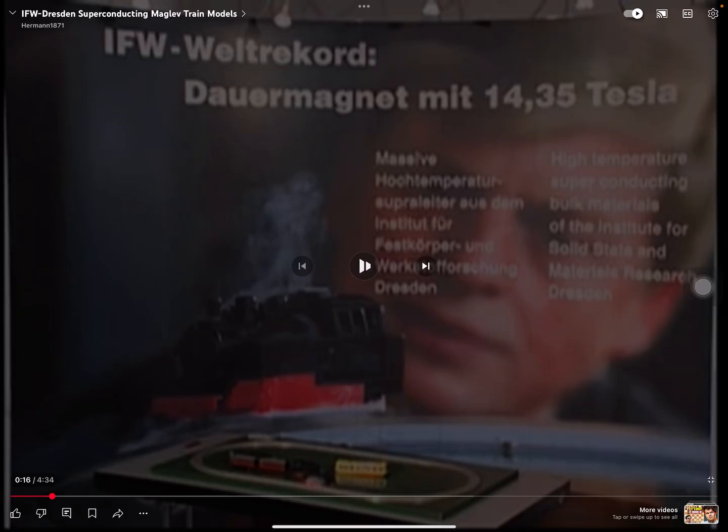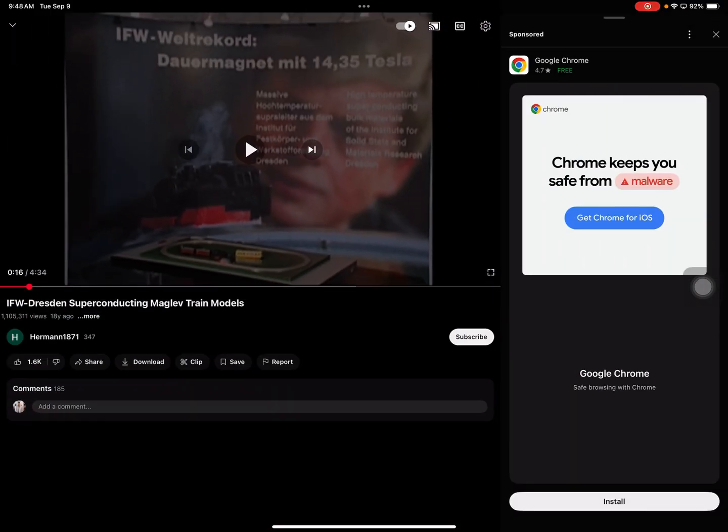How many of you know of maglev trains? Where do you know them from? Have you been on one? No. Okay. I've just seen stuff about it, like how there's one in Japan, for example. Okay. All right.